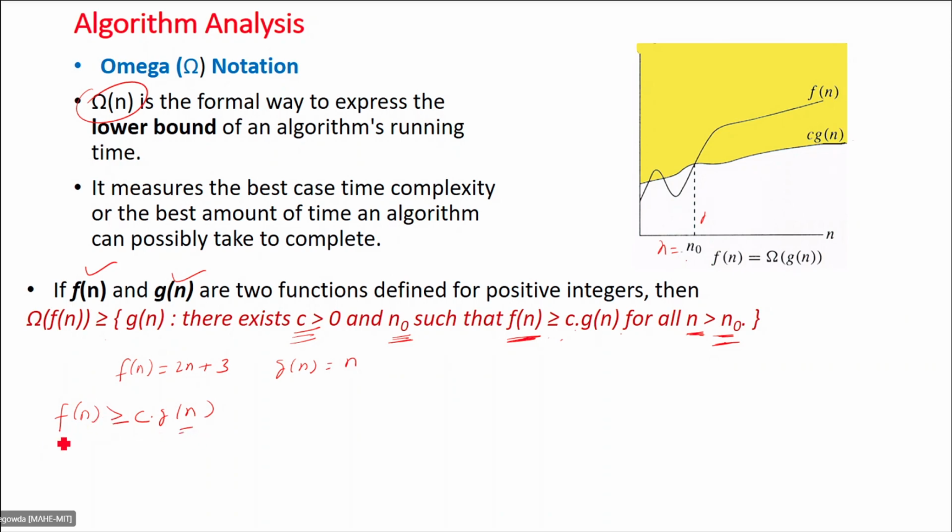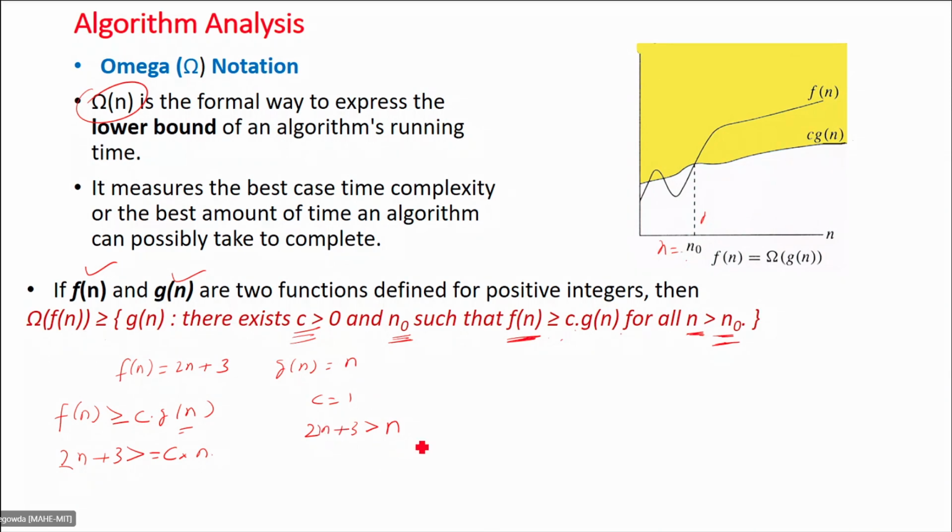Now let us check this. I check here 2n plus 3 greater than or equal to c into n. Suppose I take c is equal to 1 in this case, so that my function will become 2n plus 3 greater than n.